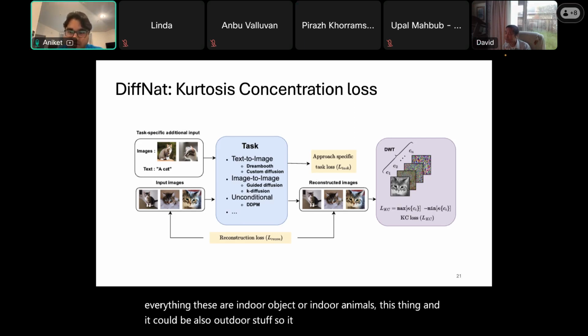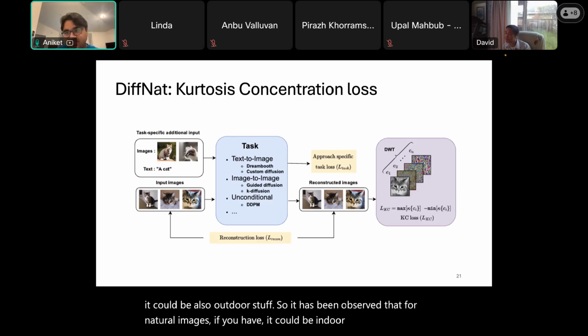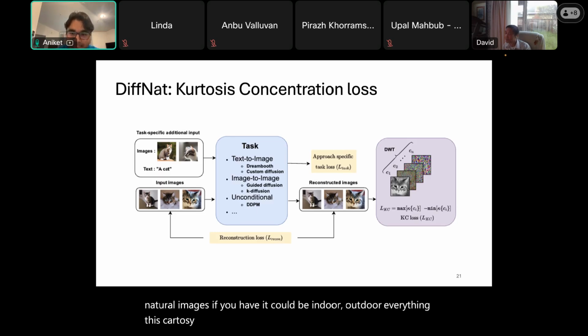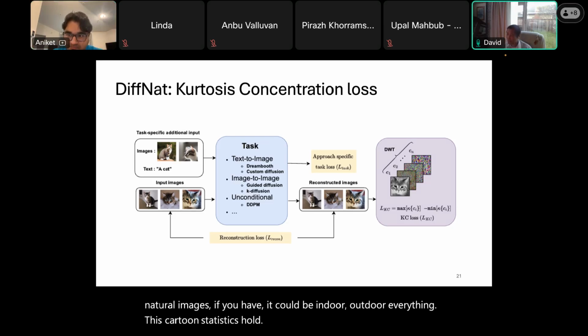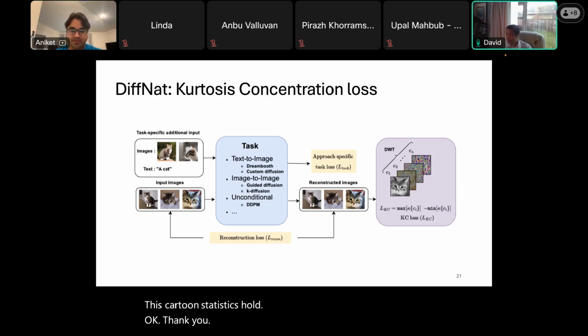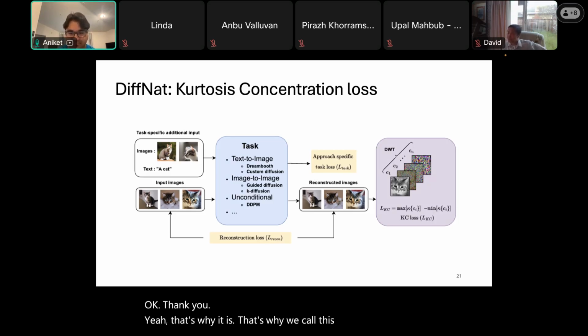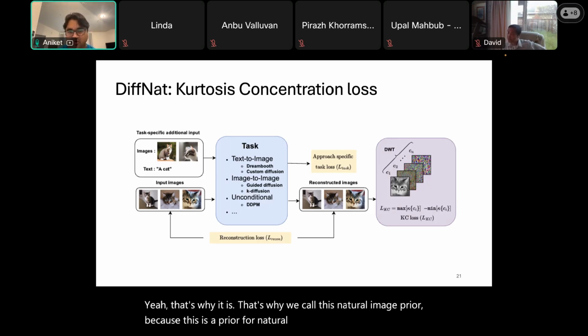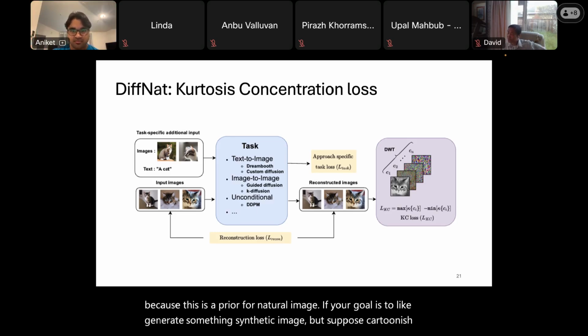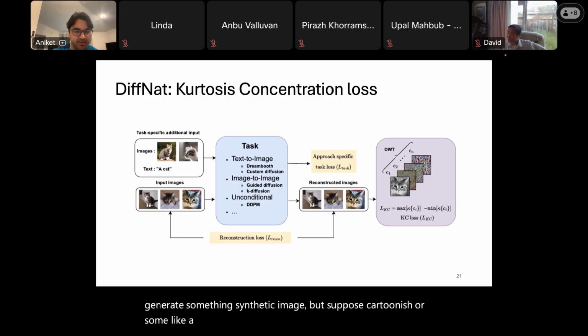It has been observed that for natural images, whether indoor, outdoor, everything, this kurtosis statistics hold. That's why we call this natural image prior, because this is a prior for natural images. If your goal is to generate a synthetic image, suppose cartoonish or anime, this kind of stuff, then it might not be a good prior for that case.